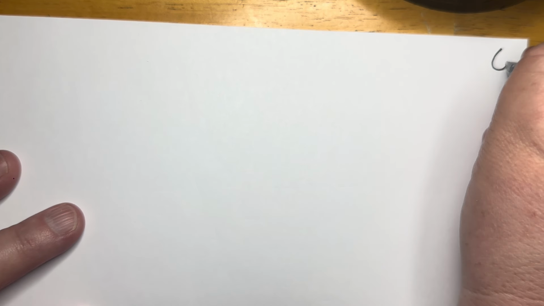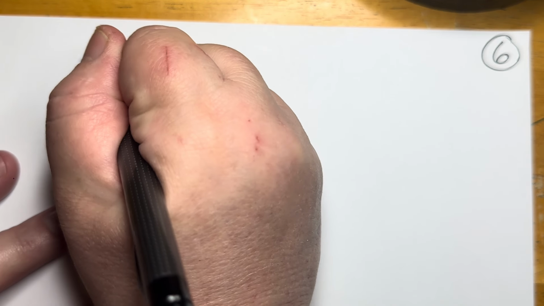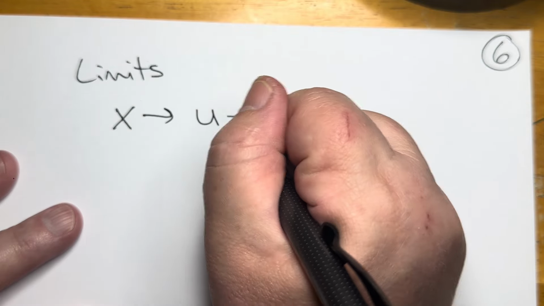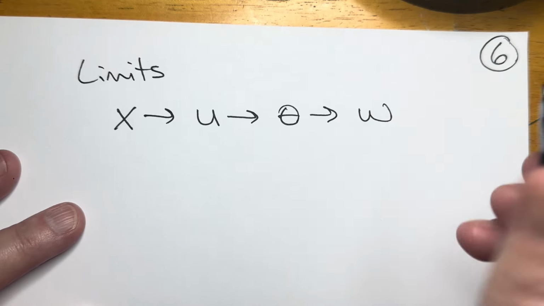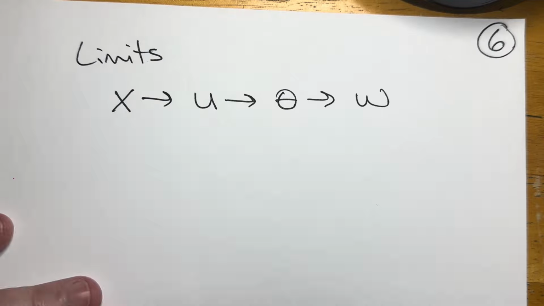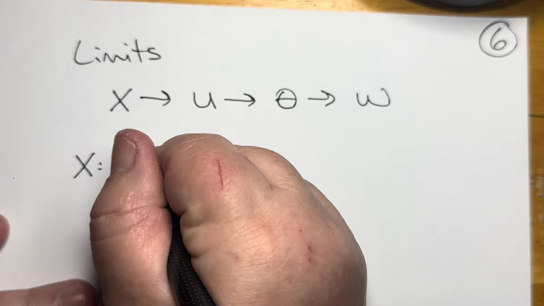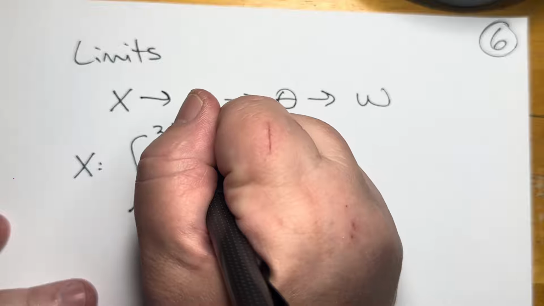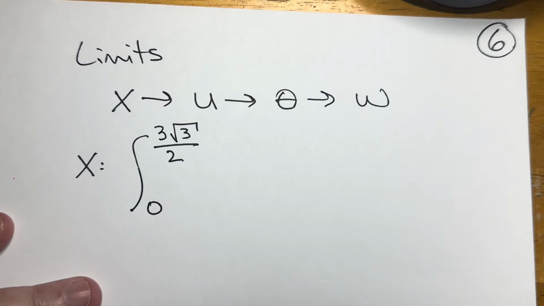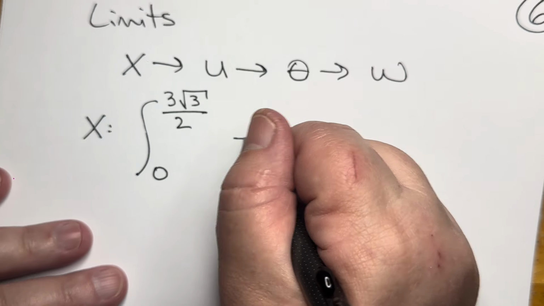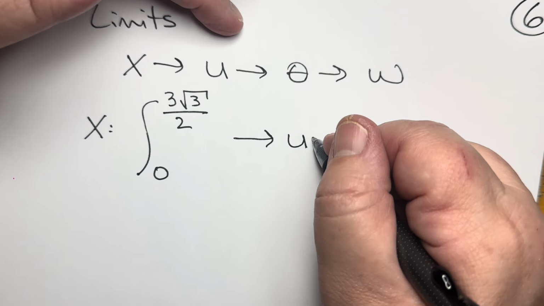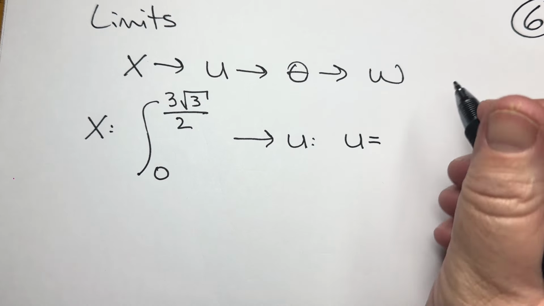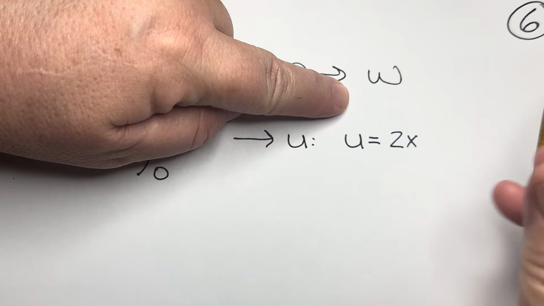So this is page, I believe, 6 at this point. So what were the limits? We went from x to u to theta to w, right? Those were our substitutions. So in the world of x, we went from 0 to 3 radical 3 all over 2. Okay? So if I want to convert it to u, u is equal to, the substitution was 2x.